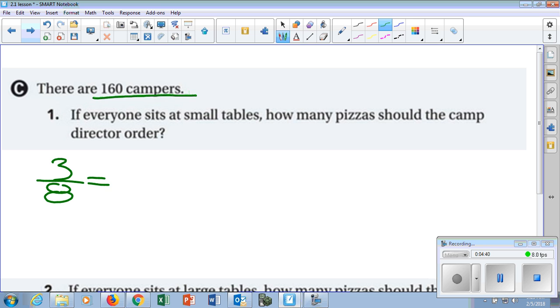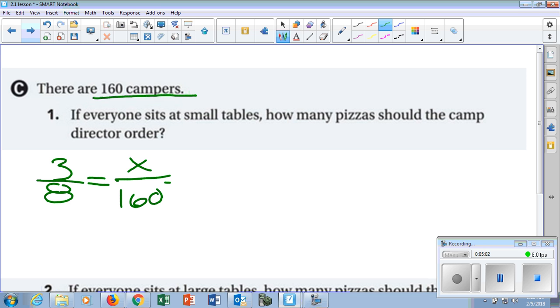And then they told us that there is 160 people. Okay, well, I did it backwards. Yep. Does that look right now?